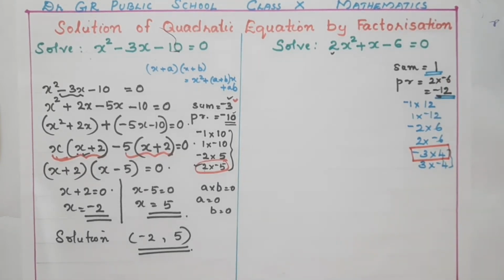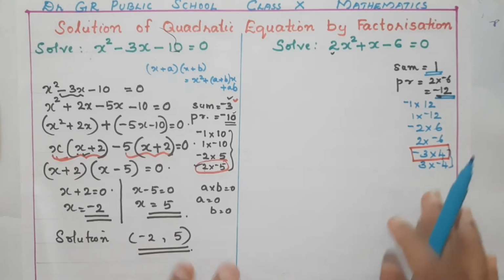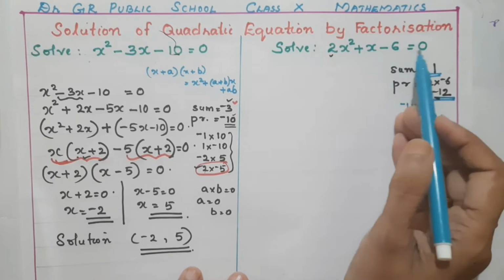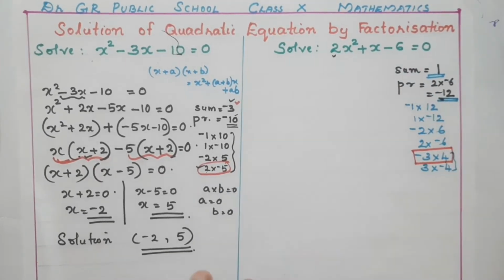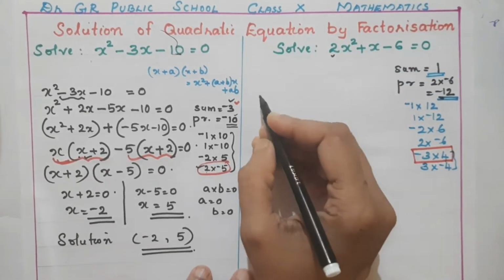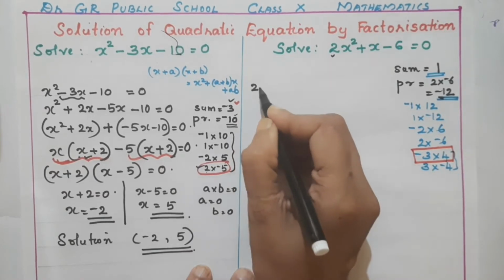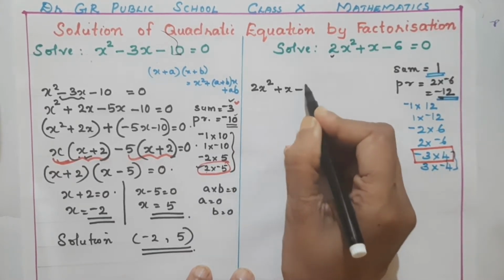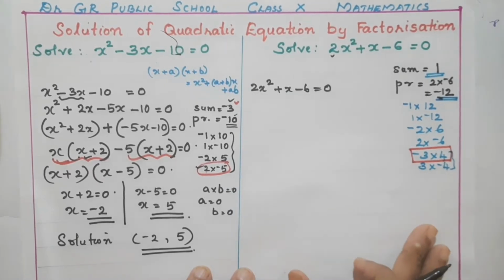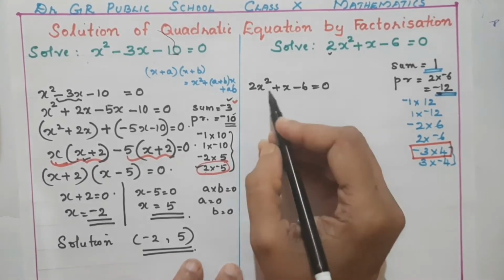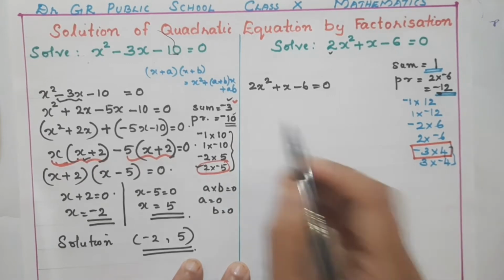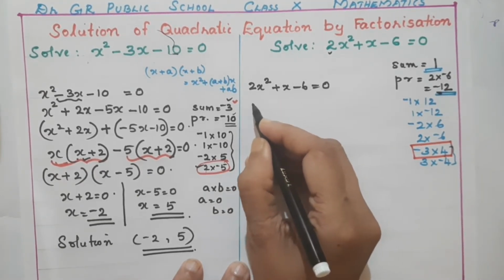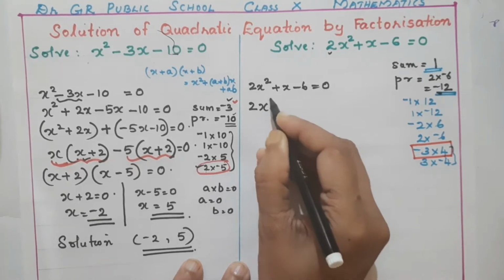Okay. Now using this, we have to split the middle term of the given polynomial in the equation. So our equation is 2x square plus x minus 6 equal to 0. Okay. Now we are going to split the middle term. Here the x square term we have to write as it is, 2x square.